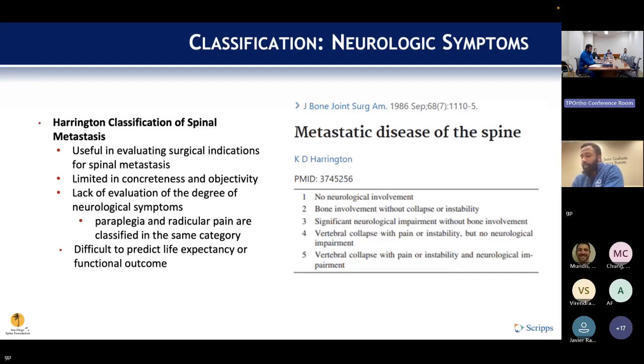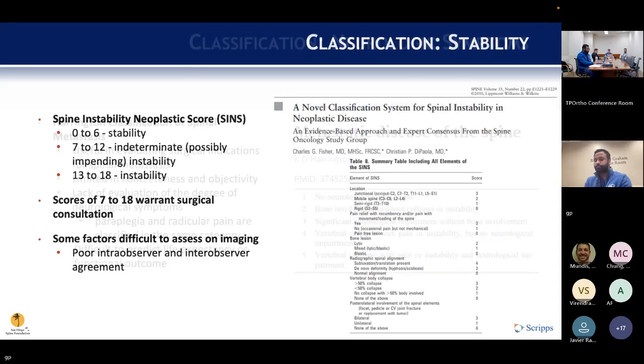In addition, it doesn't have great interobserver reliability as to which category people fall in, and it has very little granularity in terms of the neurological symptoms. So patients with frank paraplegia or just radicular type symptoms can be put into a misclassification, if you will. So it doesn't do the greatest job in predicting life expectancy or functional outcome.